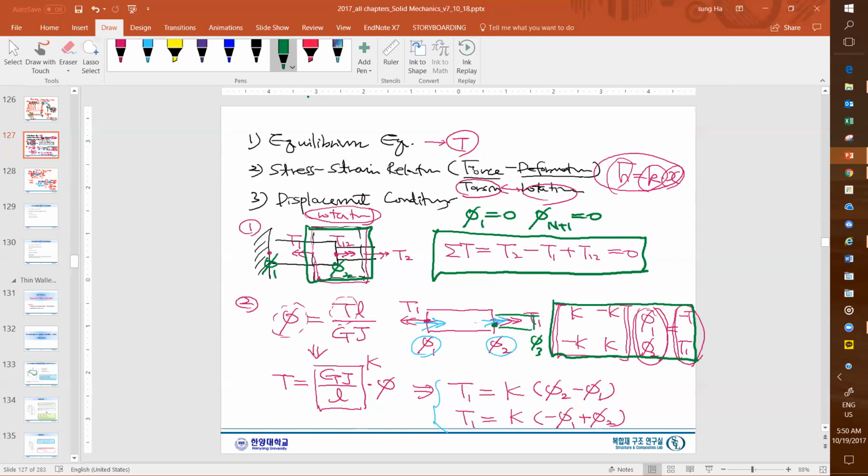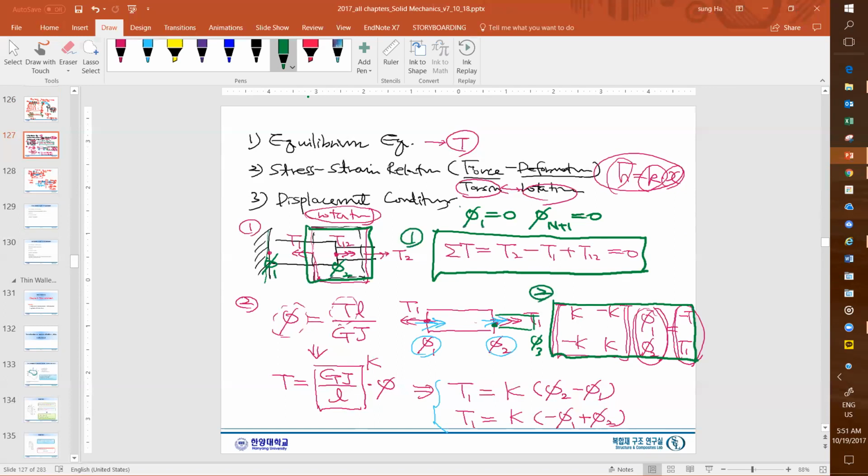So at each junction the displacement is automatically continuous; the shafts rotate together, so those conditions are automatically met. In addition, we have to consider that on the left-hand side and the right-hand side there's no rotation. So this is the first, equilibrium equation.